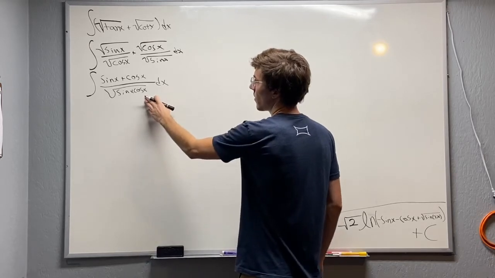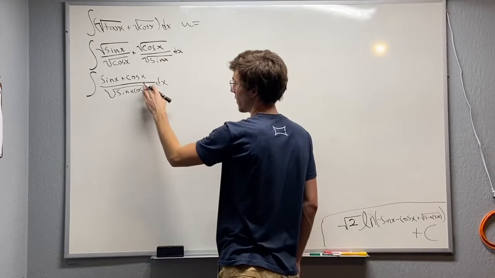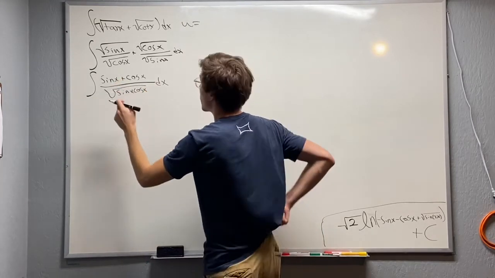So same idea, we want to create a u sub where the derivative of the u is going to take care of our numerator.